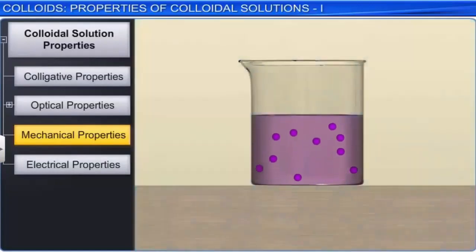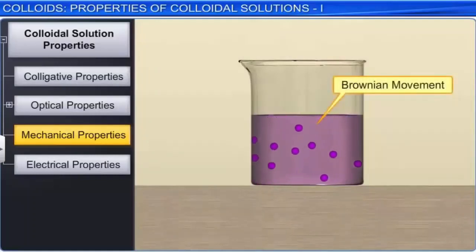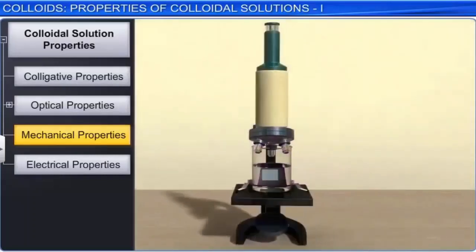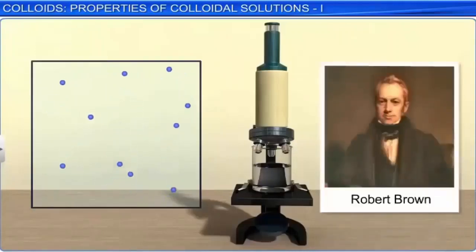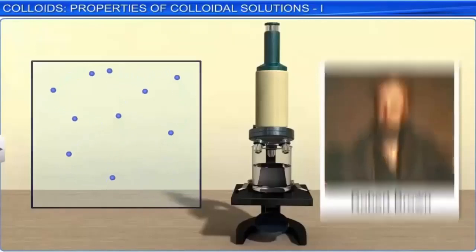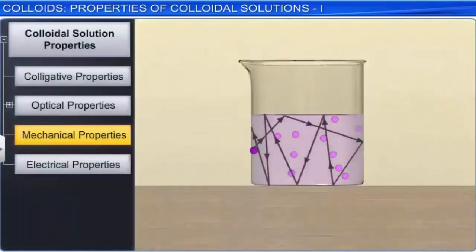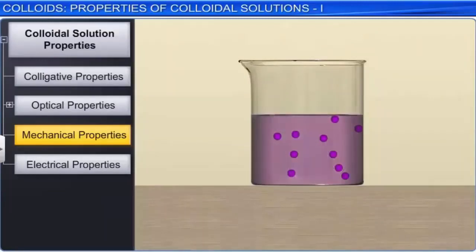The continuous zigzag movement of colloidal particles in a dispersion medium is called Brownian movement. This random zigzag motion was first observed under a powerful microscope by the British botanist Robert Brown, and is named Brownian movement after him. Brownian movement is independent of the nature of the colloidal particles, but depends upon their size and on the viscosity of the solution.